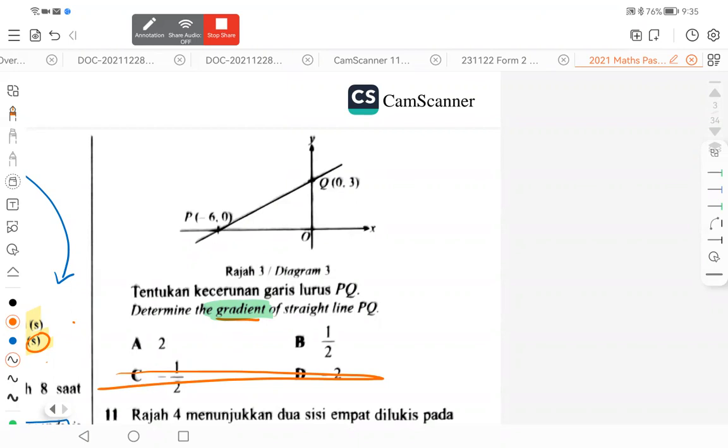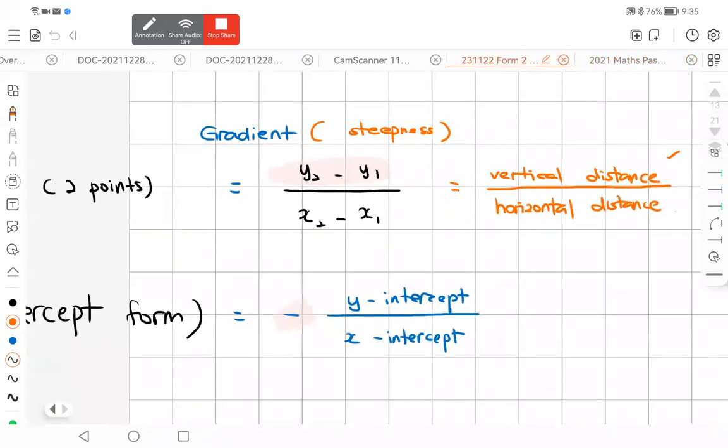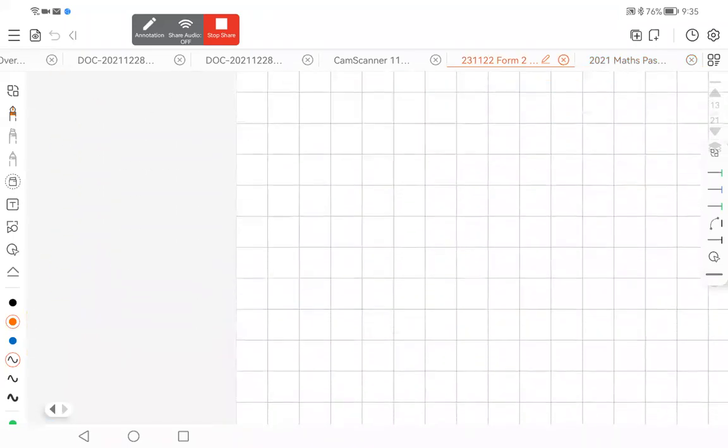You can use the intercept form also: gradient equals negative y-intercept over x-intercept. So positive 1/2. Okay, go back. So these are the formulas. Okay, finished about the gradient.